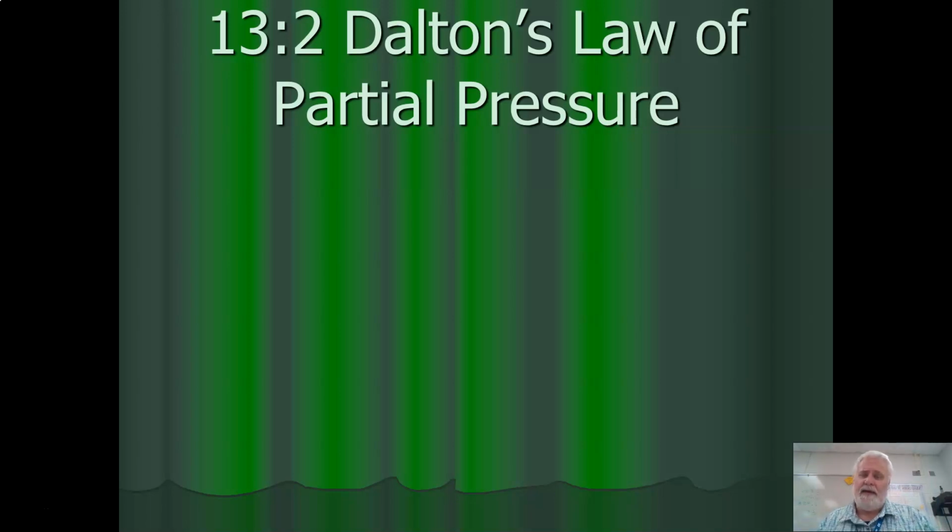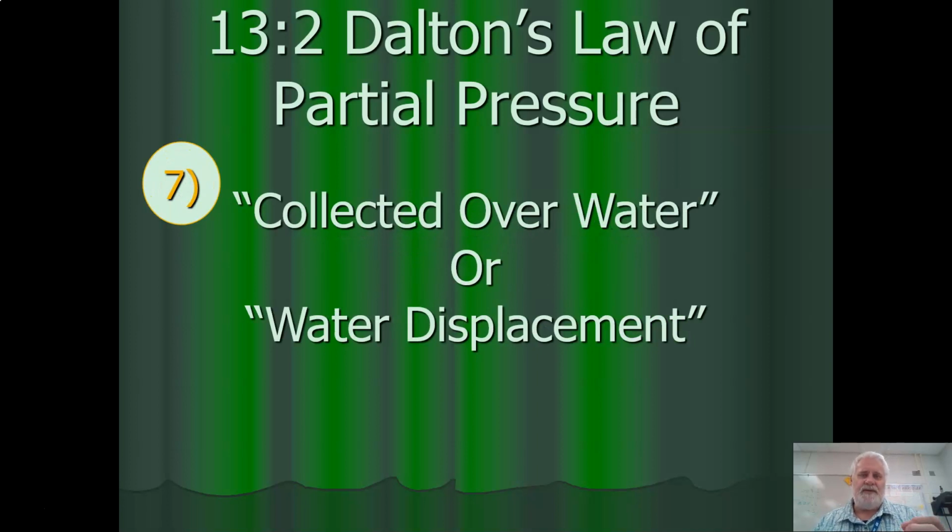But one of the key things to these problems in this application, which we are actually going to do in lab, is you will see that number 7 talks about collecting over water or water displacement. So as you're doing these problems, you can just put your answers right in the notes.